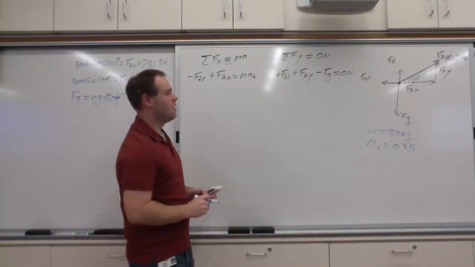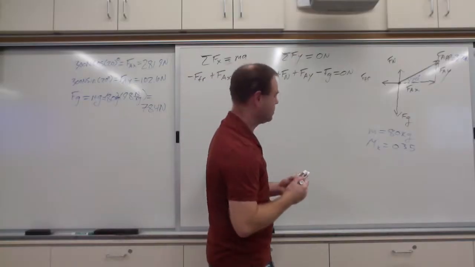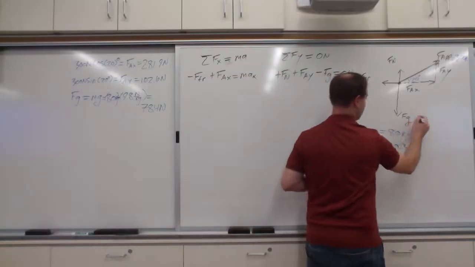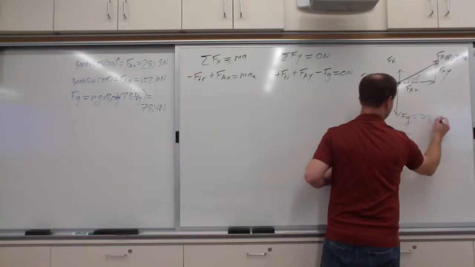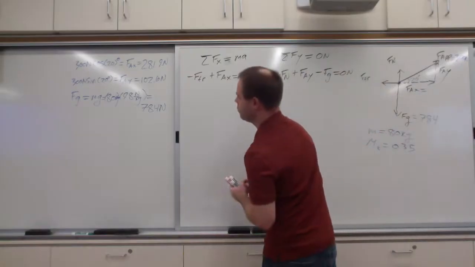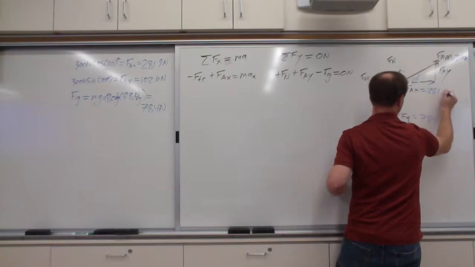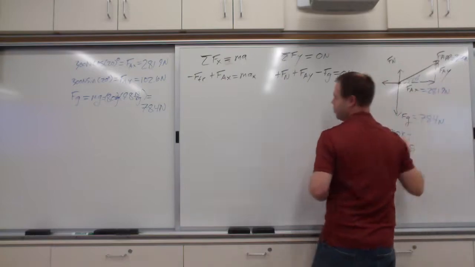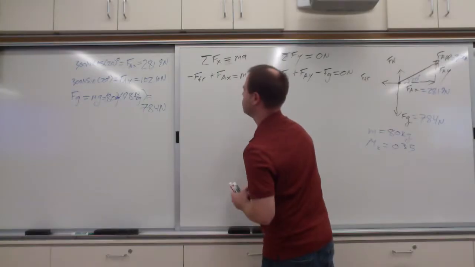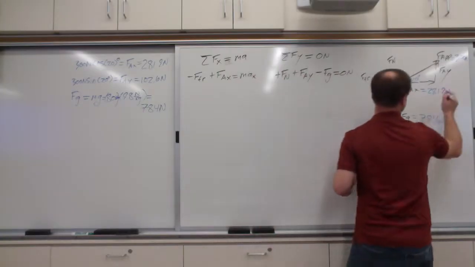So let's see, now we know these things. We know force gravity, 784. We know force applied x, which is 281.9. And we know force applied y, which is 102.6 newtons.